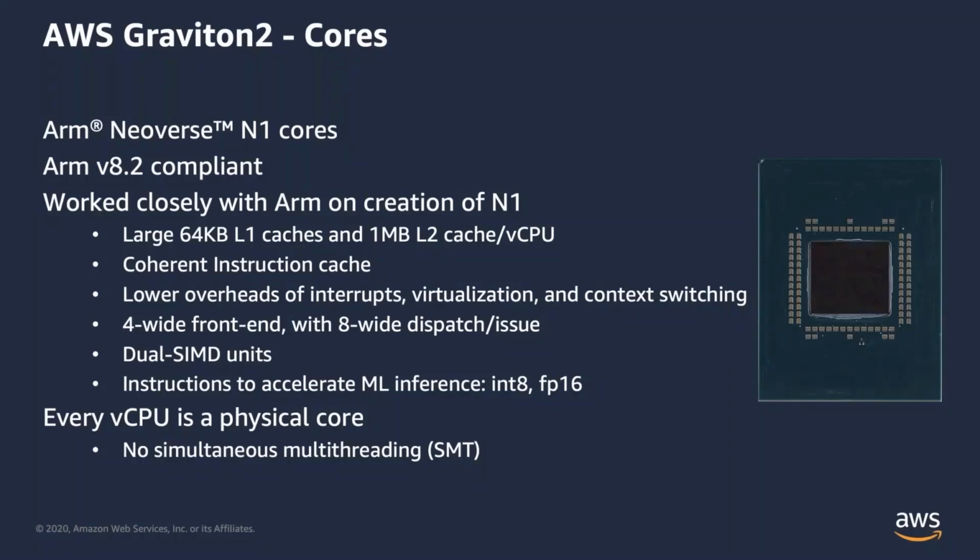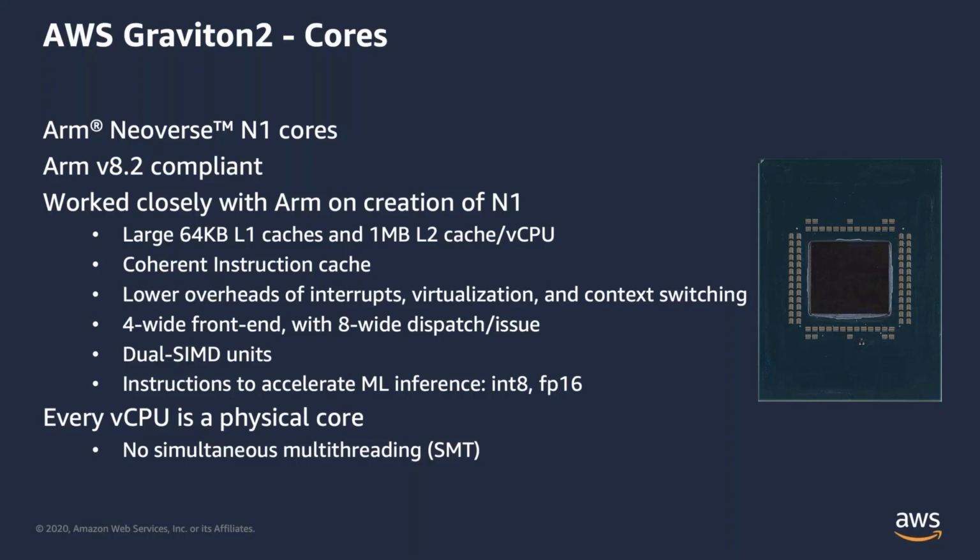The cores that are inside the Graviton2 processor are based on the ARM Neoverse N1 architecture, which is compliant with the v8.2 ARM standard. And we've been working closely with ARM on the creation of the Neoverse N1 architecture.